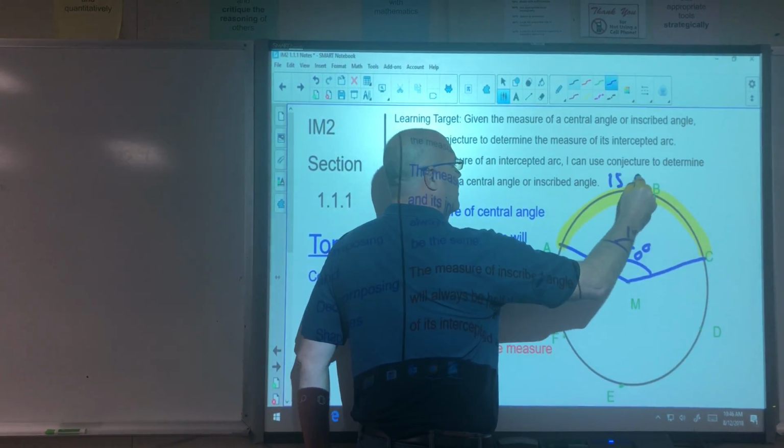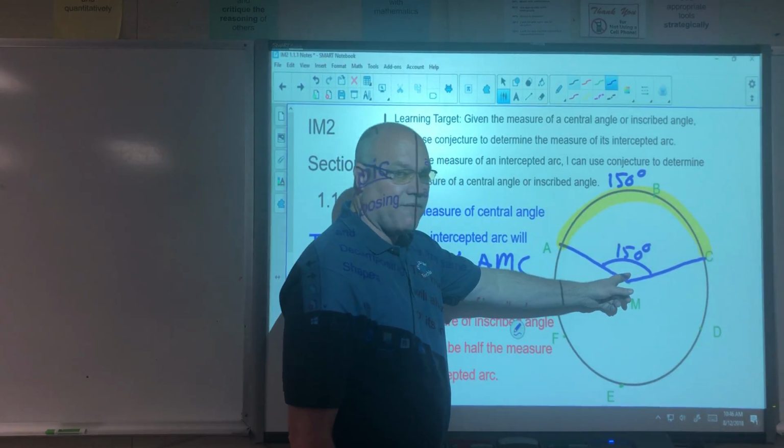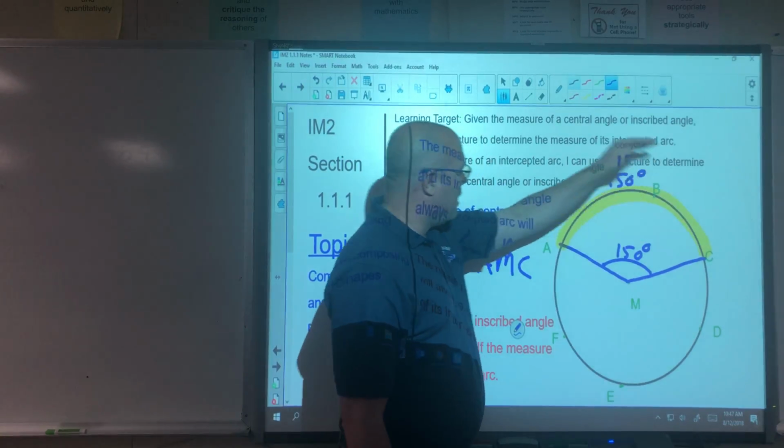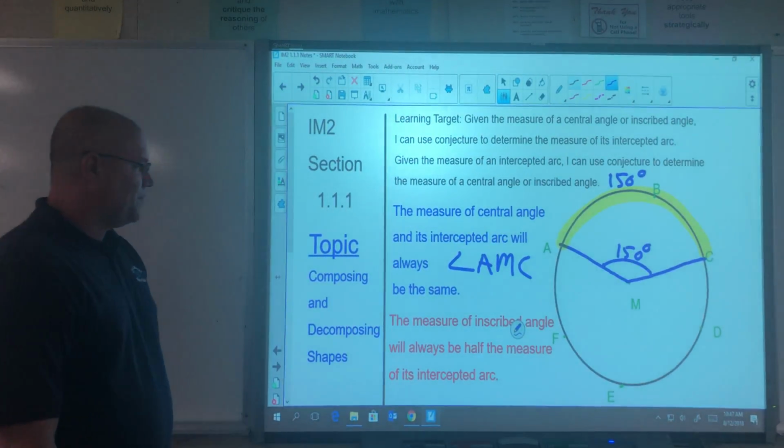So the central angle is 150 degrees, and the arc measure for its intercepted arc is also 150 degrees.